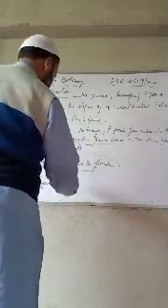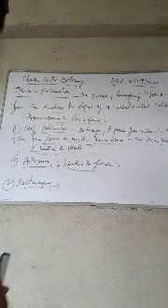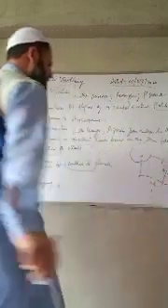Now geitonogamy. If the pollen grains of a flower pollinate the stigma of another flower born on the same plant, that is called geitonogamy.